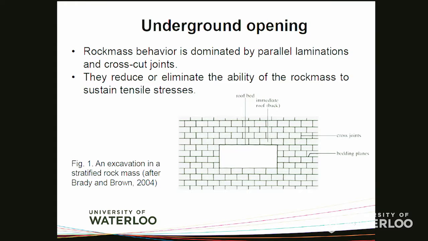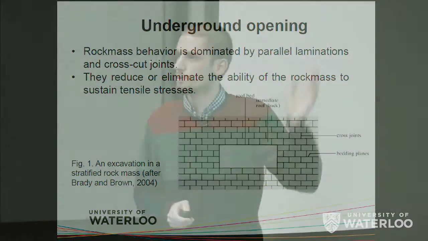You see these parallel laminations, horizontal laminations, and then these joints close to vertical cross-cut these layers. The rock mass behavior is fairly governed by these laminations and different joint sets in such a way that these joints reduce or in extreme case eliminate the tensile strength of the material.